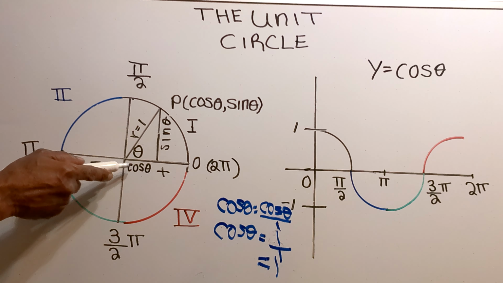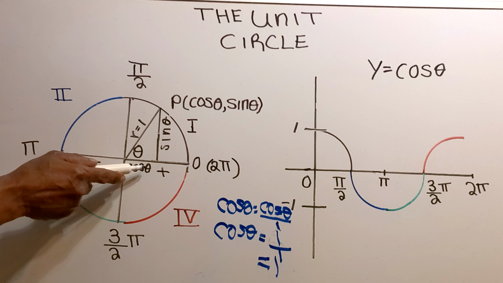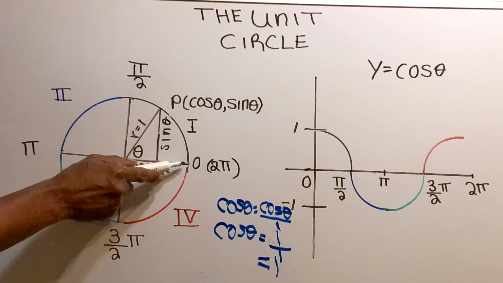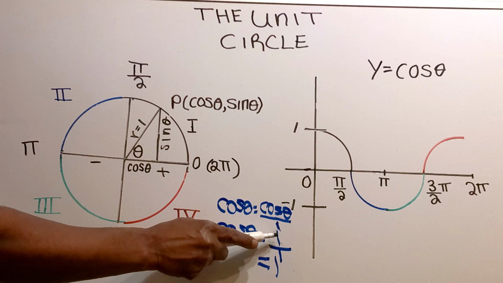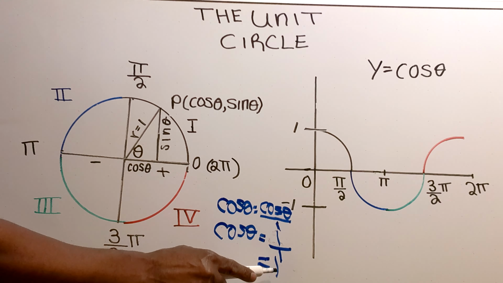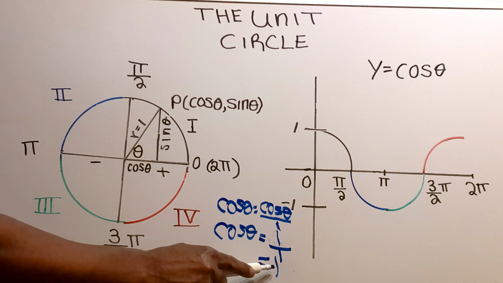The cosine also equals 1, because the cosine is running the full length of the radius. So we get 1 over 1, and that equals a cosine of 1.